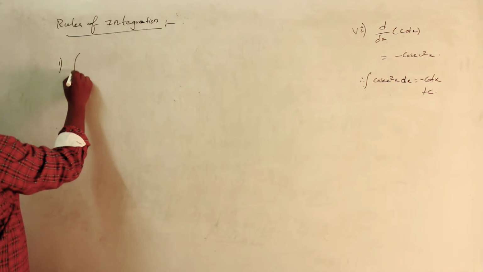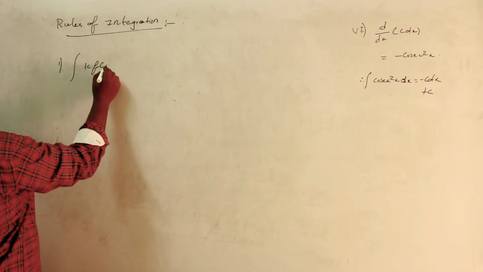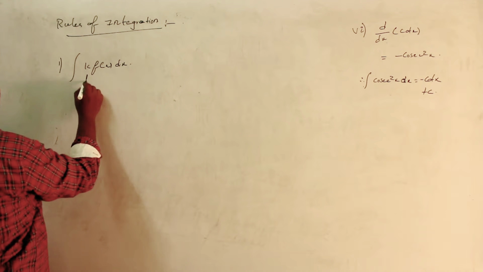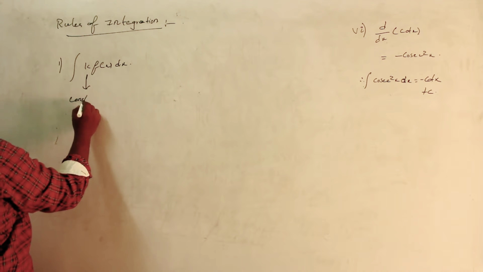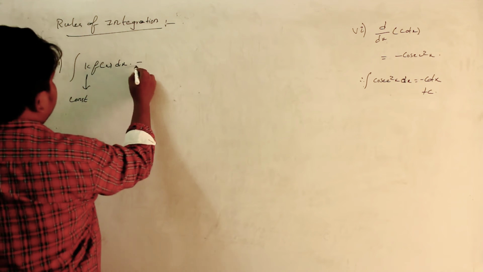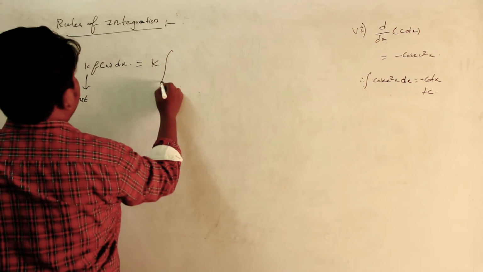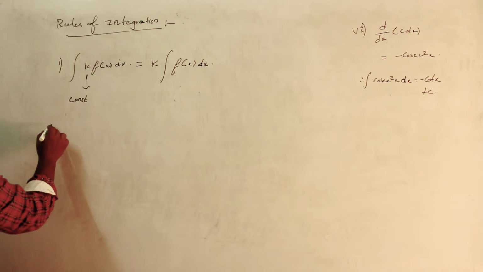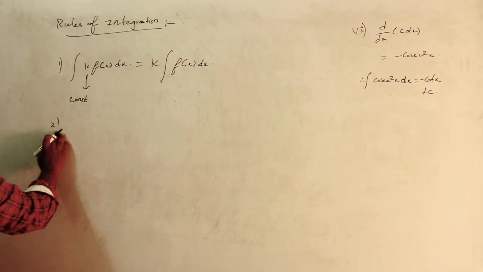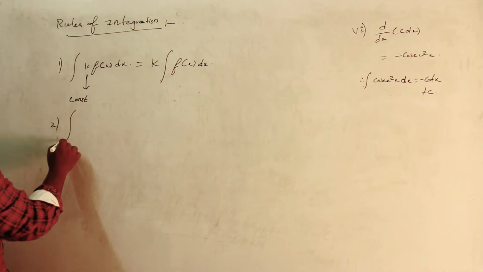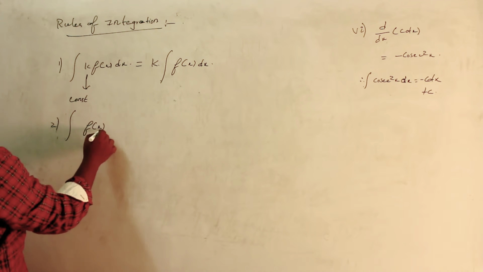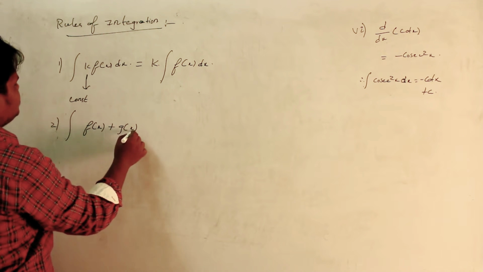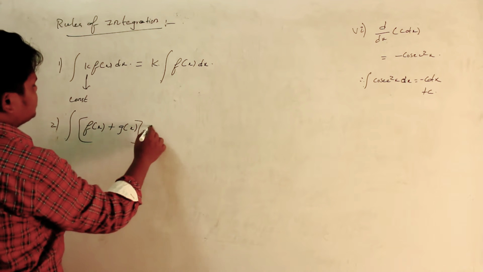First one, integration of k f of x dx, where k is a constant. Then we take this k outside, so this can be written as k into integration of f of x dx. Second one, integration of f of x plus g of x dx.